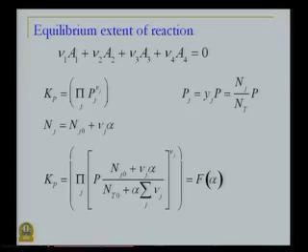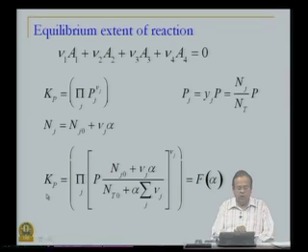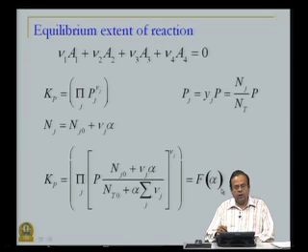Let us go a little further. Last time we stopped here. This is basically the equation we just used for calculating the value of alpha, that is what equilibrium value we will get. Now, a close examination of this function reveals some interesting property.